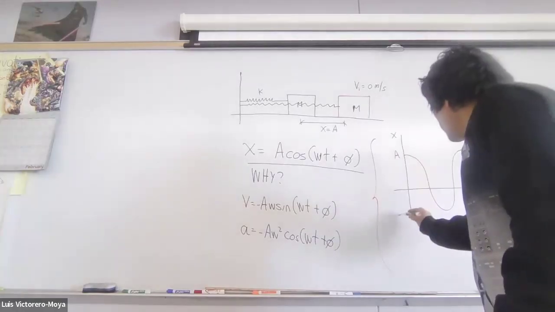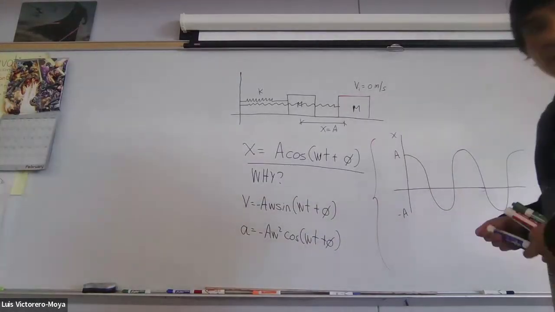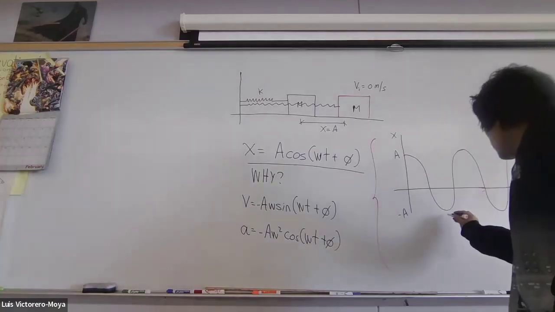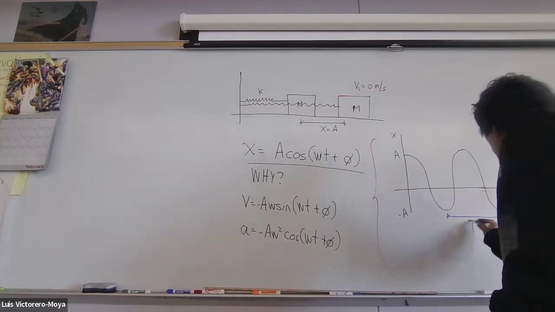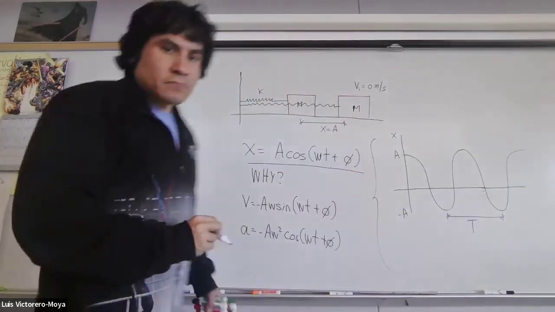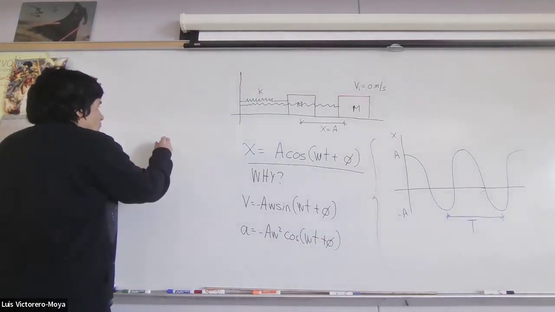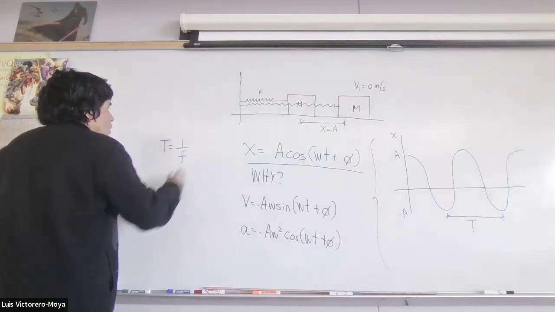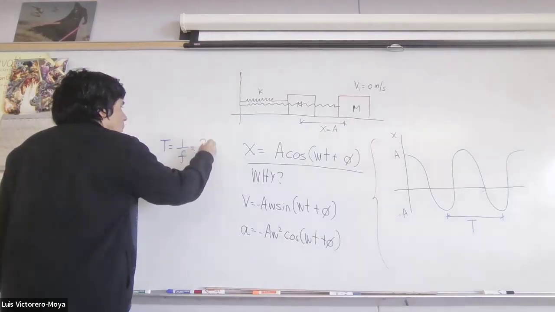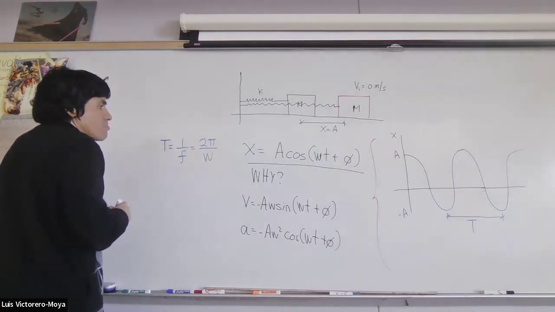A, negative A. And the distance between the peaks, that is the period, which is labeled with capital T. The period is 1 over the frequency, which is 2 pi over omega. Okay?